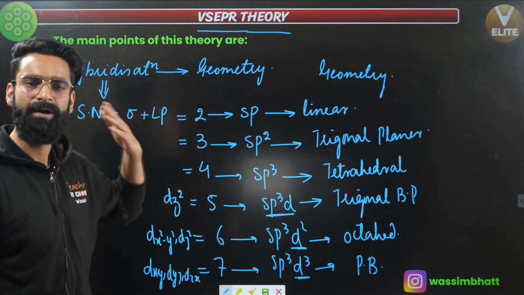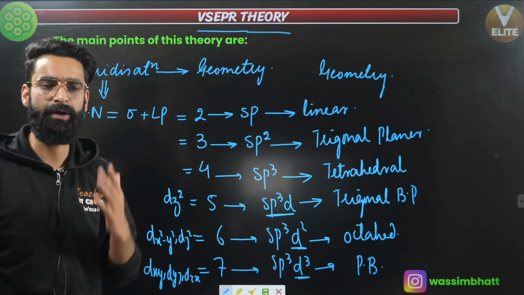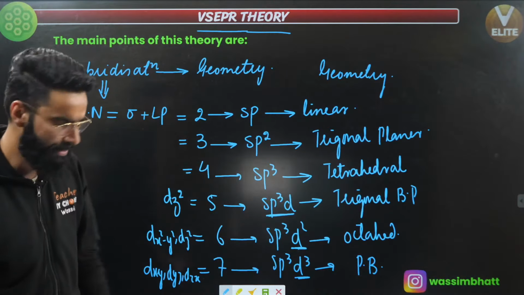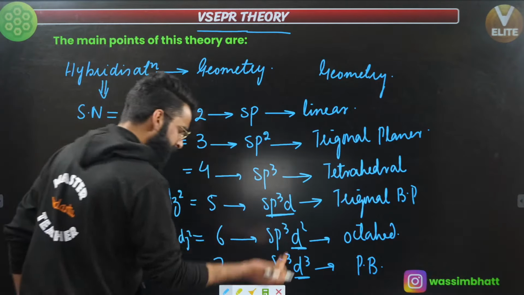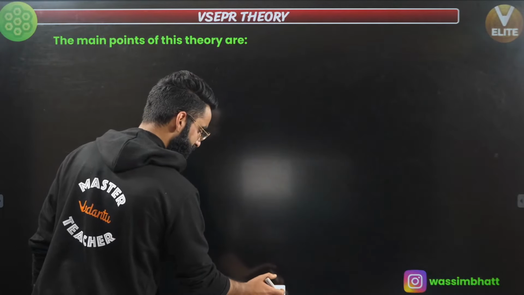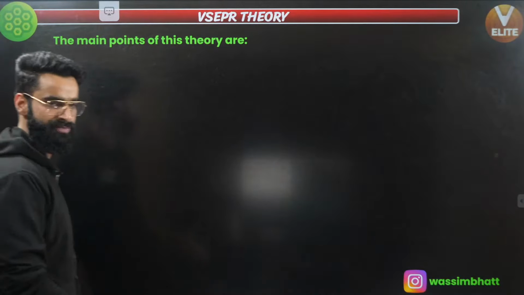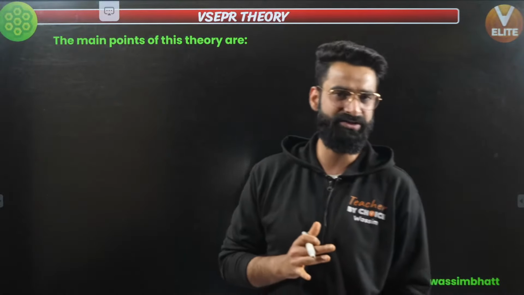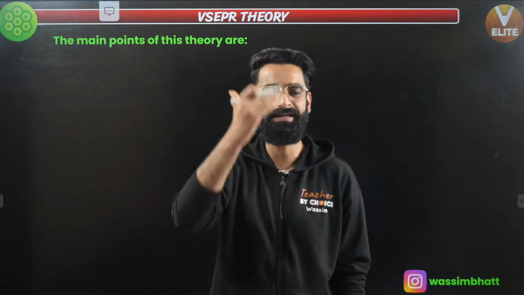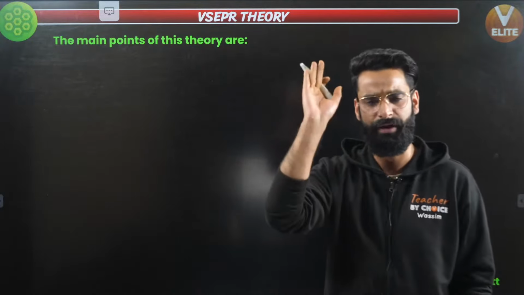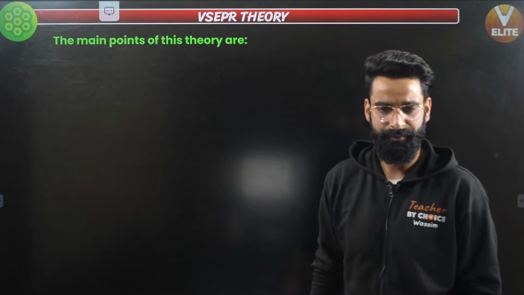That I will get to know by one new theory, which is what I call valence shell electron pair repulsion theory. Let me talk about the main points of this theory, and at the end I'll show you how to apply it in molecules, so that you can clearly say the shape of any molecule.